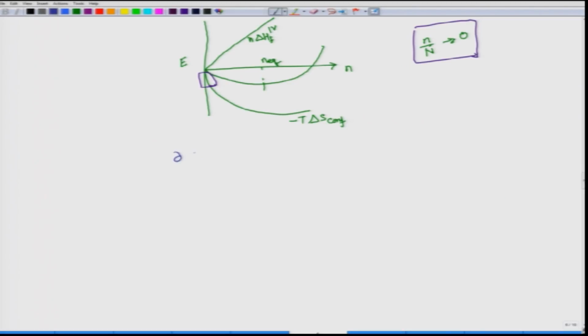Let us go the usual way: del by del n of delta S configurational. What was the delta S equal to? We will use the simpler equation here without loss of generality. You can always go back and use the extended version.